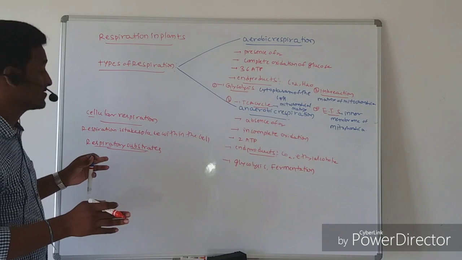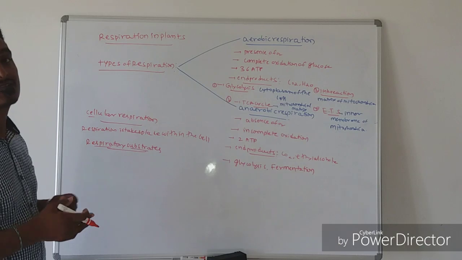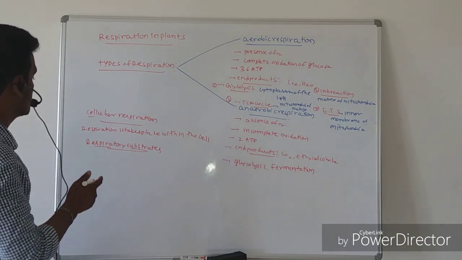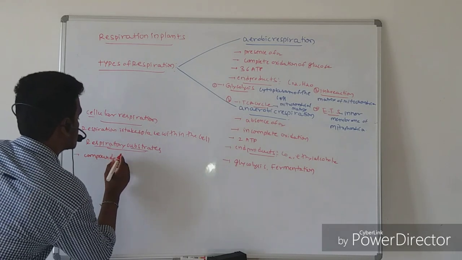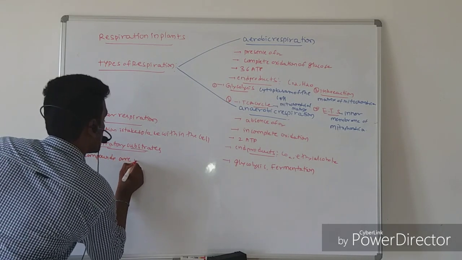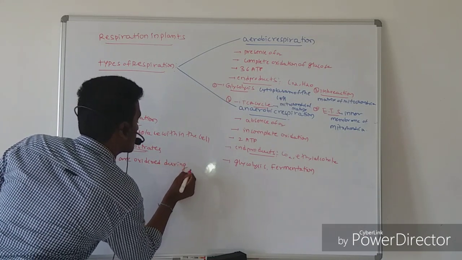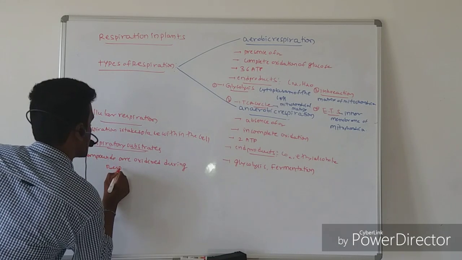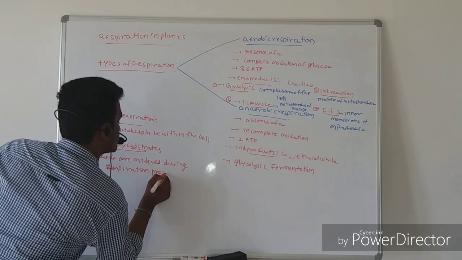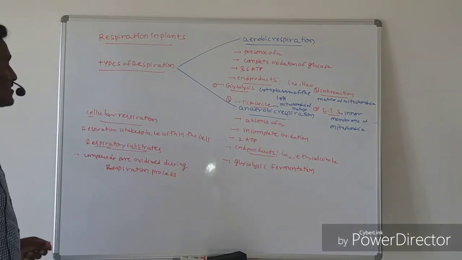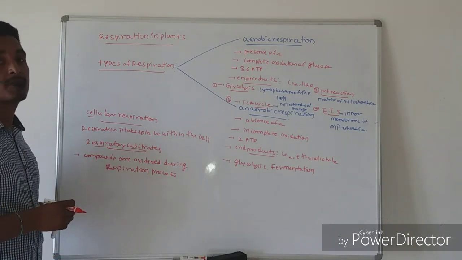The glucose releases energy during the respiration process. So respiratory substrates are compounds or substances that are oxidized during the respiration process. So that is the introduction to respiration in plants. Thank you, guys.